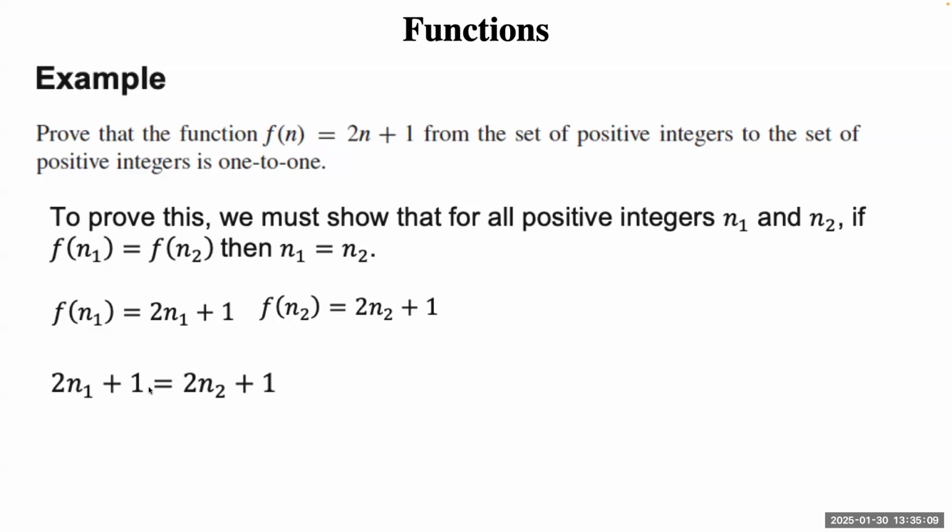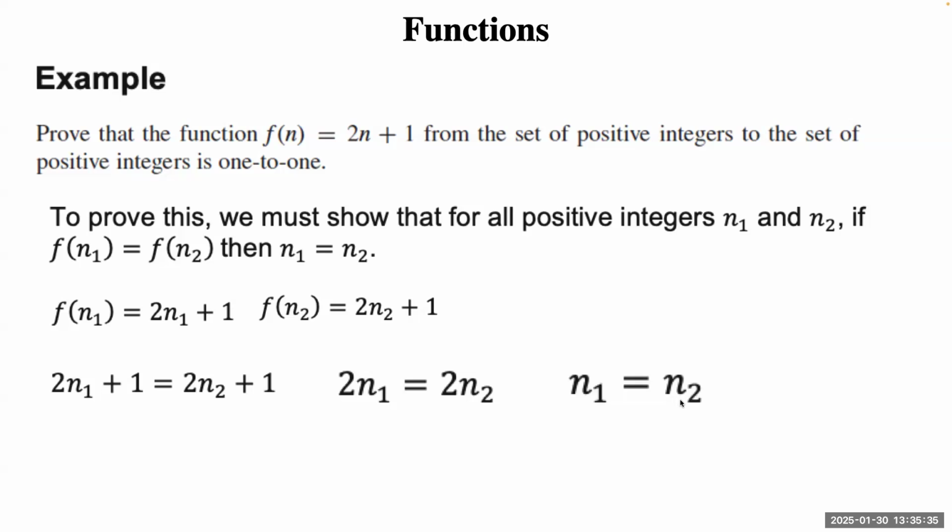So I have 2n1 plus 1 equals 2n2 plus 1, just setting these equal. Right away, I could subtract 1 from both sides, and I'd end up with the equivalent expression 2n1 equals 2n2. Then I can divide both sides by 2. And when I do, I get n1 equals n2.